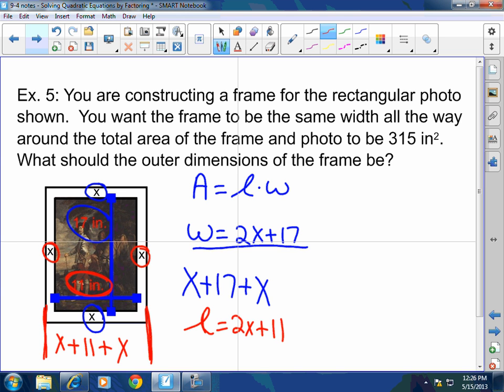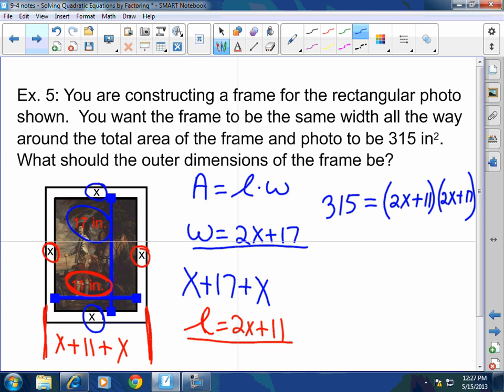You guys with me so far? Now, area equals length times width, correct? Don't they want the total area here to be 315? Well, isn't that going to equal length of 2x plus 11 times width of 2x plus 17? Yes or no, guys?